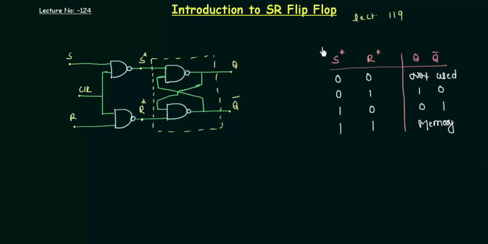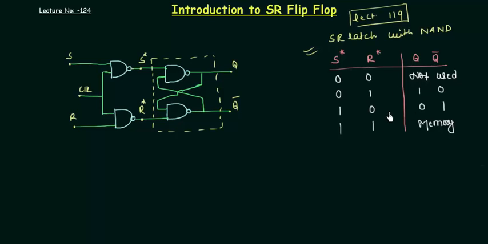Before proceeding with this presentation, it is very important that you complete lecture number 119, because in that presentation we found the truth table for the SR latch with NAND gate and the SR latch with NOR gate, and I have already written the truth table for the SR latch with NAND gate. If you are wondering how these outputs Q and Q complement are being calculated here, then you must watch lecture number 119.